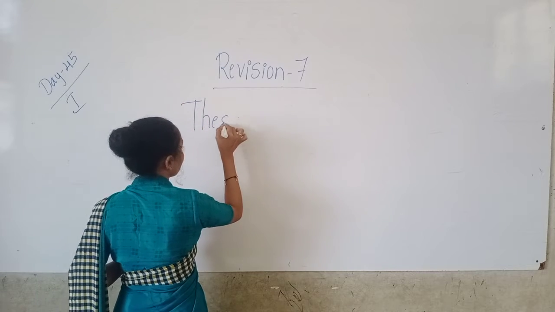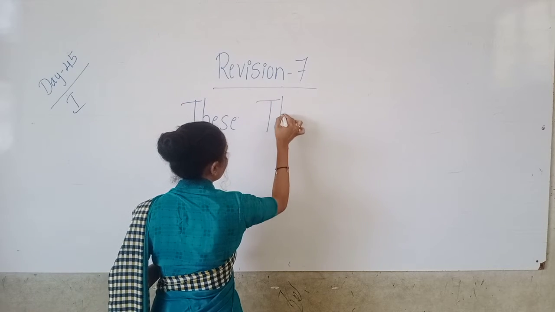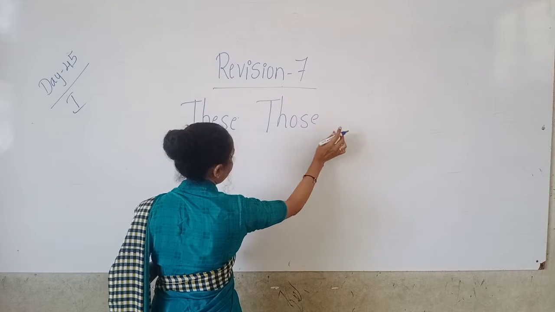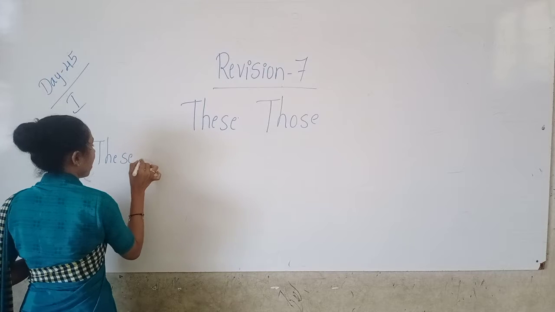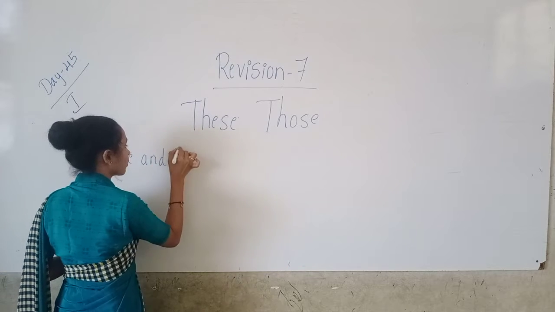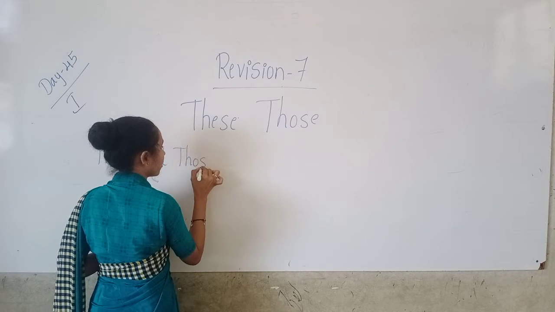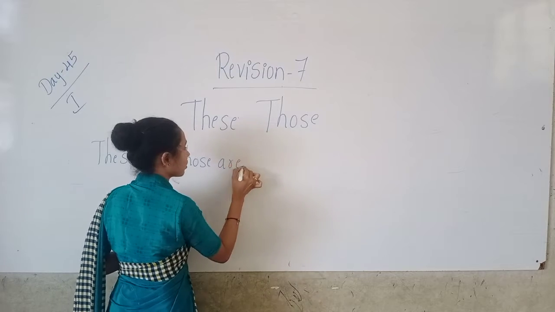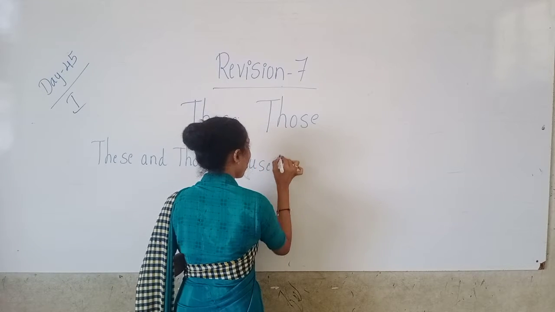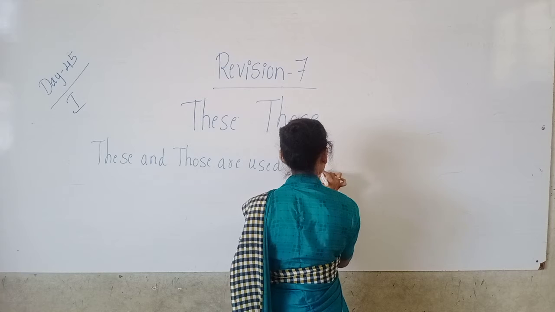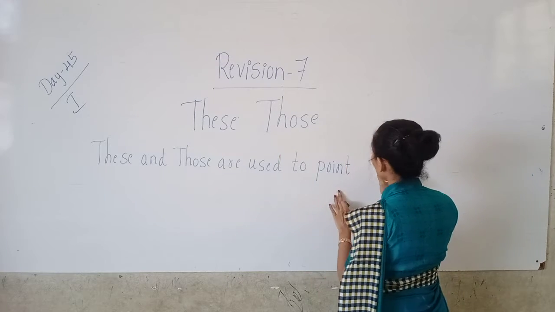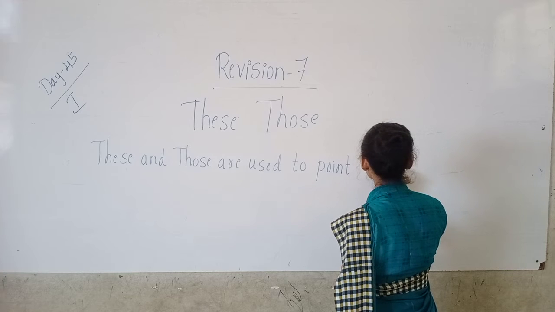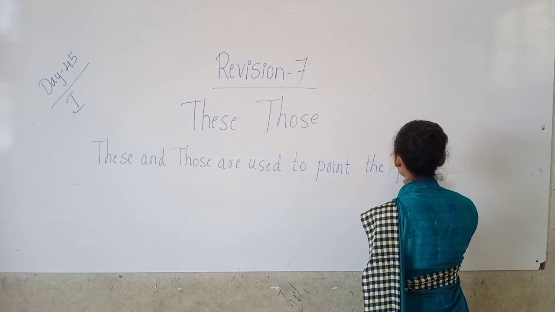These, those, these and those are used to point out the plural things.